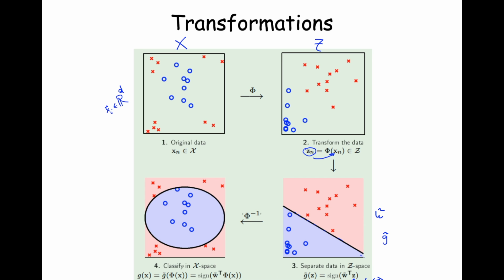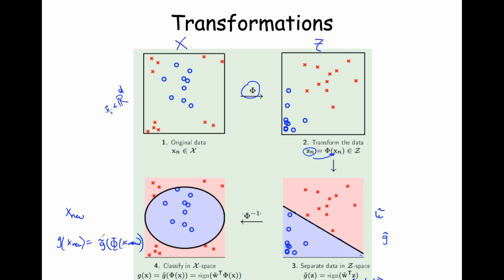So now we can use this hypothesis in z space, w tilde, with our phi function to take a new input in our input space representation and compute g of x new is equal to g tilde of phi of x new.